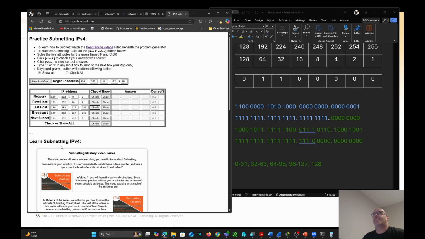For the most part. So I will just let you know that the best way to get good at subnetting is just through practice. It's just through repetition, through practice.